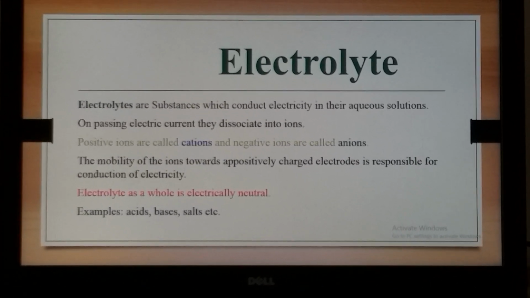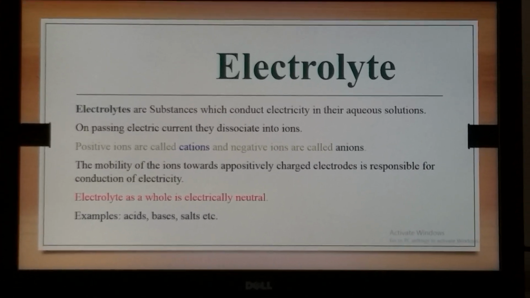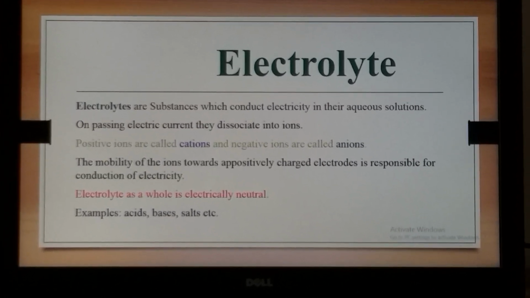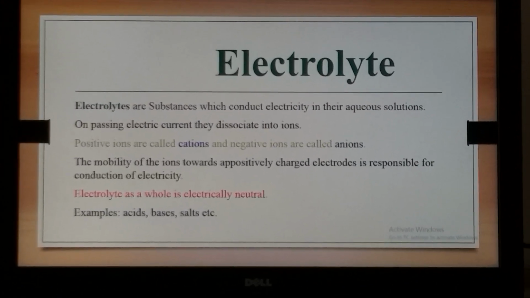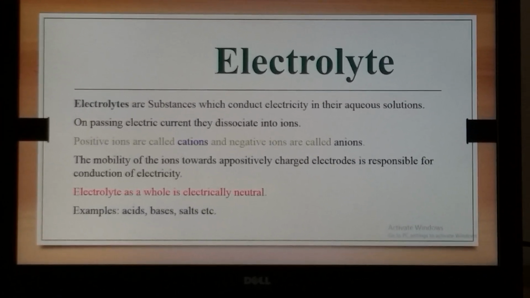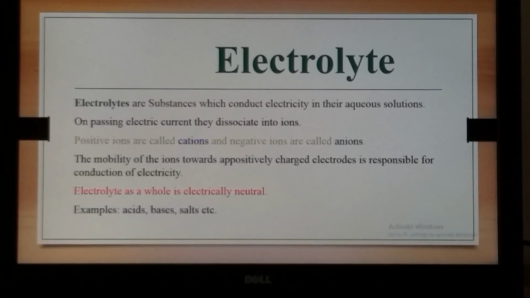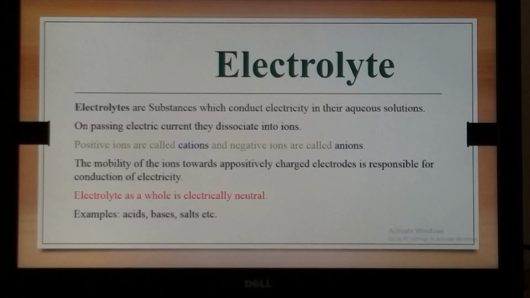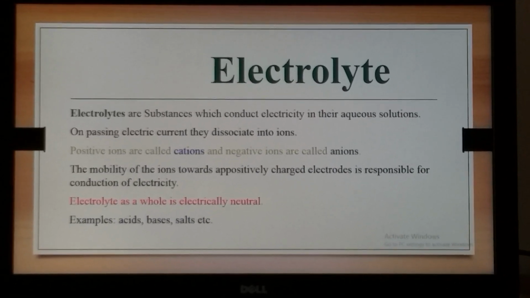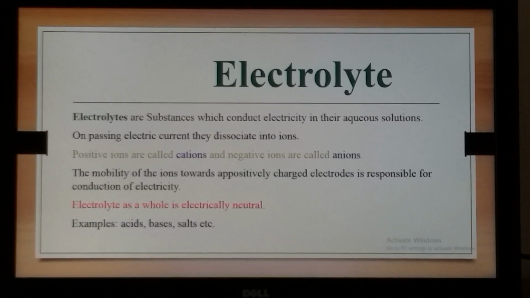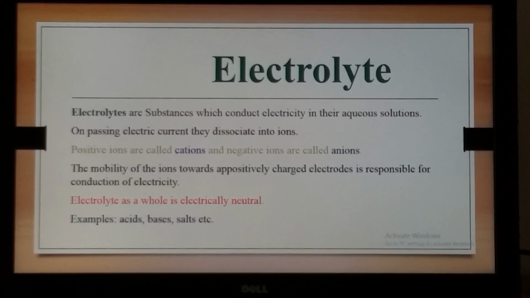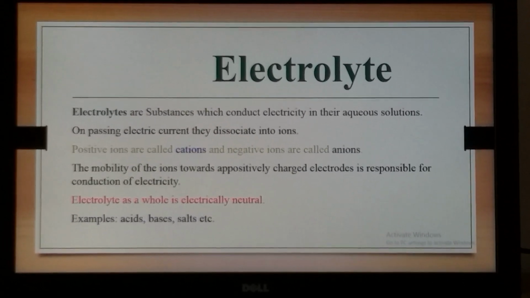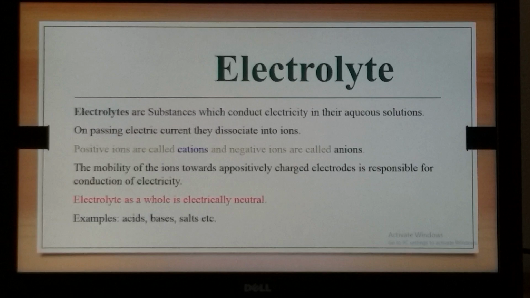The acids such as sulfuric acid, H2SO4, hydrochloric acid, HCl, bases such as sodium hydroxide, NaOH, potassium hydroxide, KOH, and salts such as the common salt, sodium chloride, NaCl, potassium chloride, KCl are all examples of electrolytes.